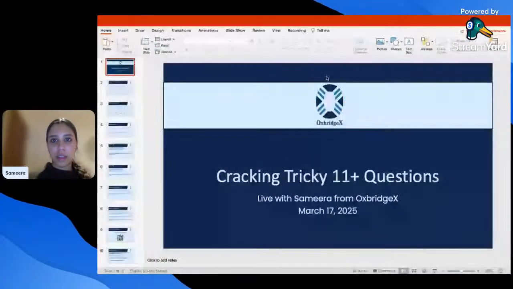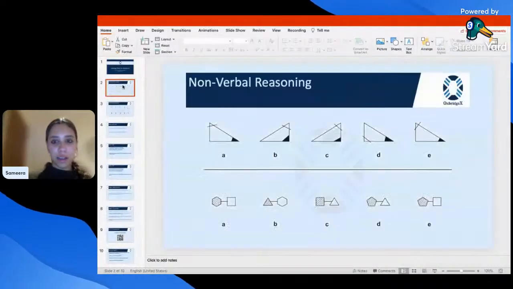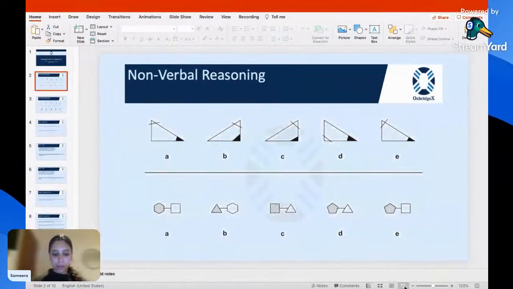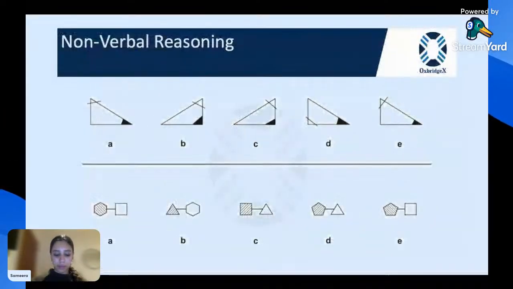Let's see if that works. All right. If someone in the comments can just tell me if you can see the screen. Hopefully that is visible now. Okay. I'm going to see if people can see my screen.